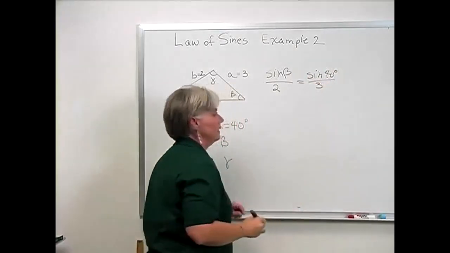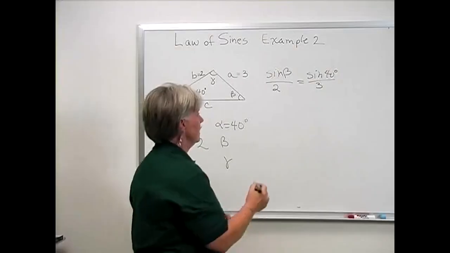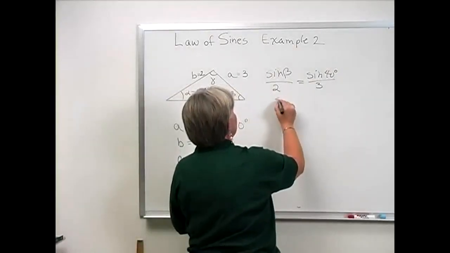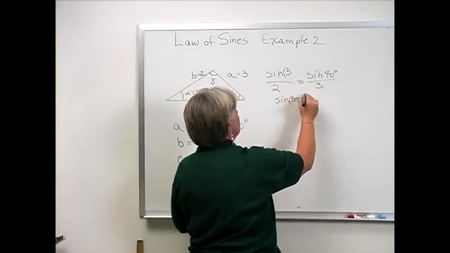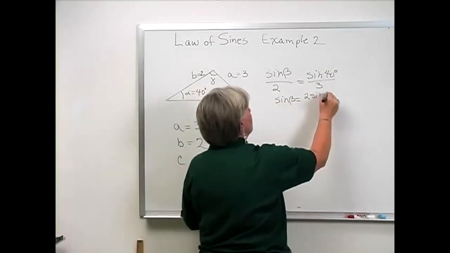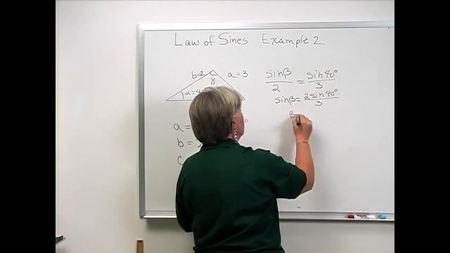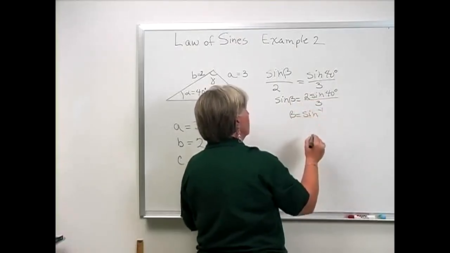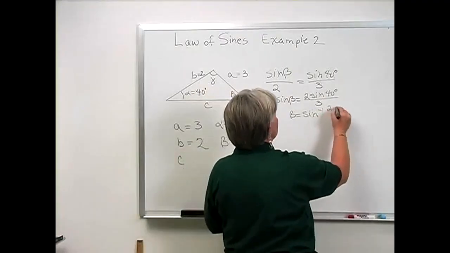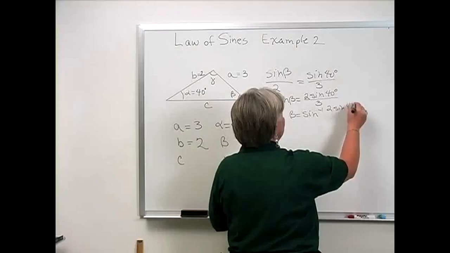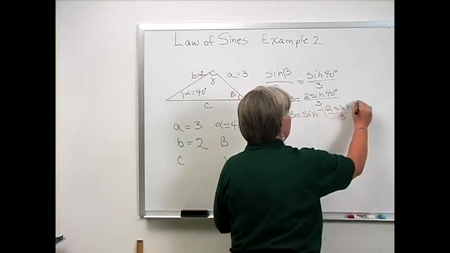All right, now I'm going to solve for beta. This will take a little algebra here, but we know that the sine of beta is 2 times the sine of 40 degrees divided by 3. So beta is sine inverse of 2 times the sine of 40 degrees divided by 3.